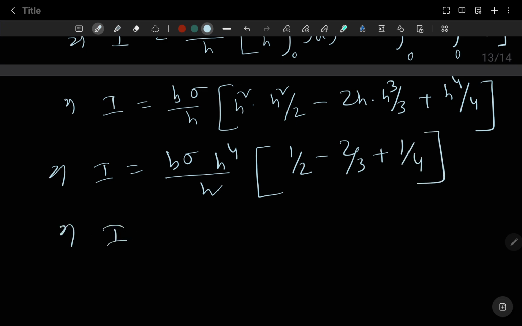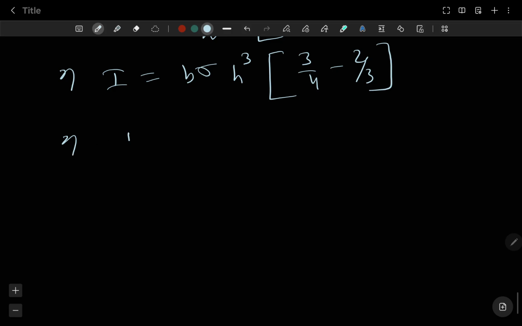So it is b sigma h cube times 3 by 4 minus 2 by 3. So it will be 12, 9 minus 8, isn't it?